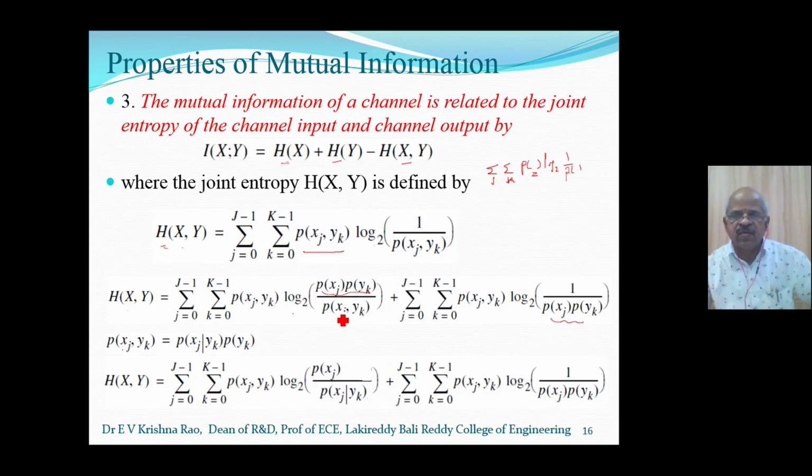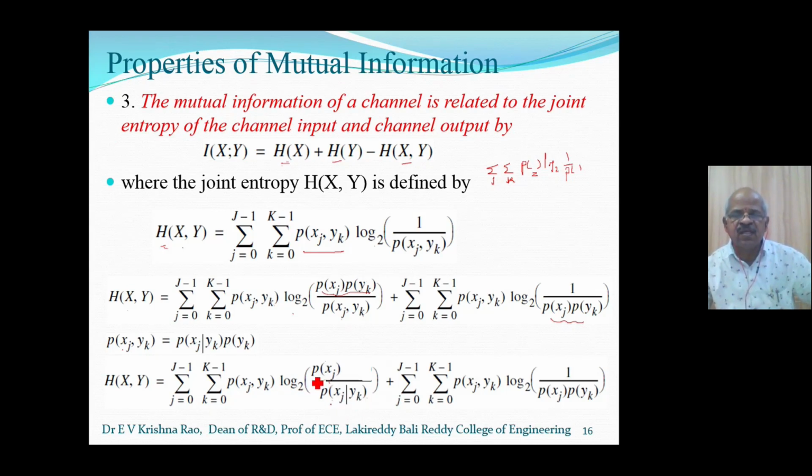Now if you substitute, p of yk gets cancelled here, and we get p of xj by p of xj given yk in the first expression: p of xj, yk times the logarithm base 2 of p of xj by p of xj given yk.